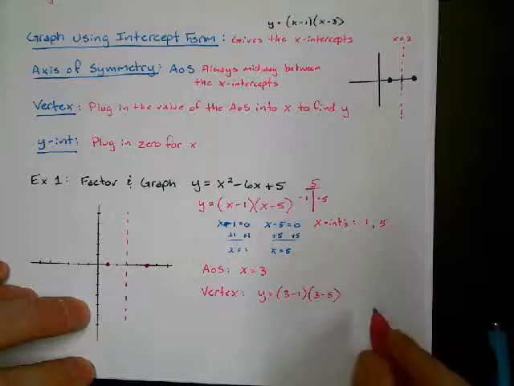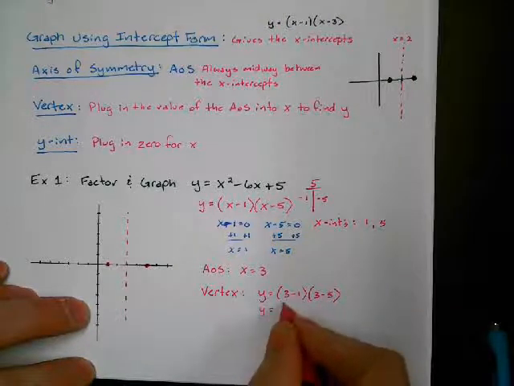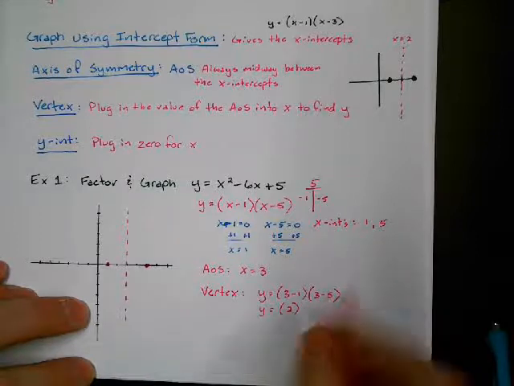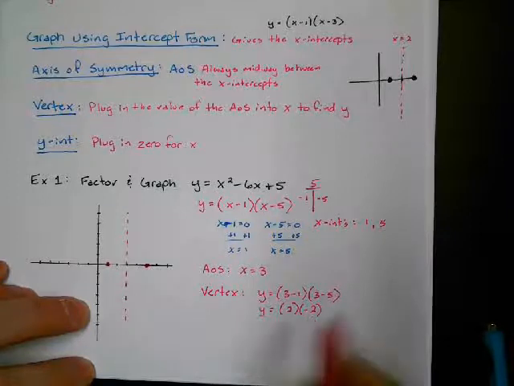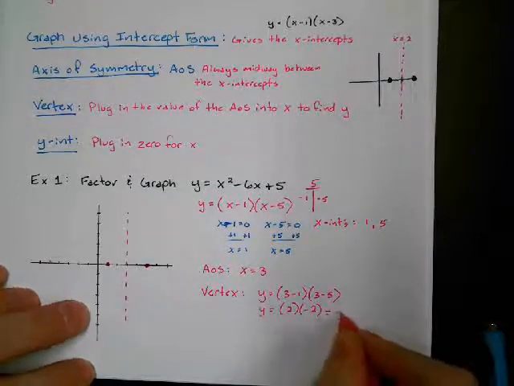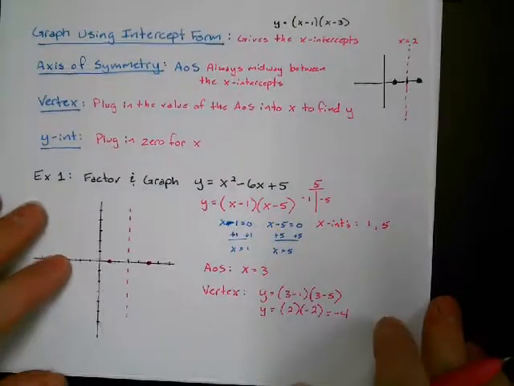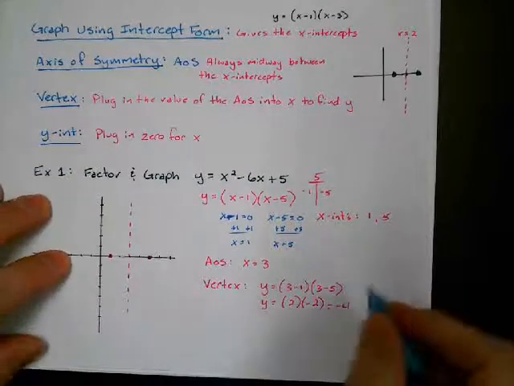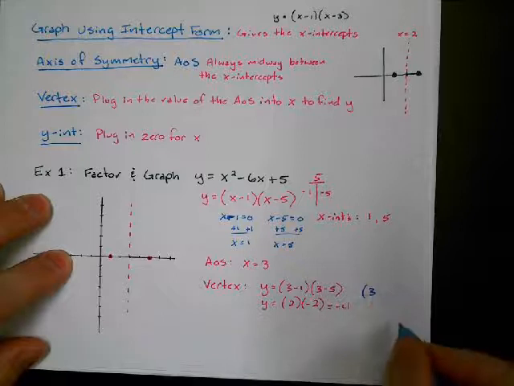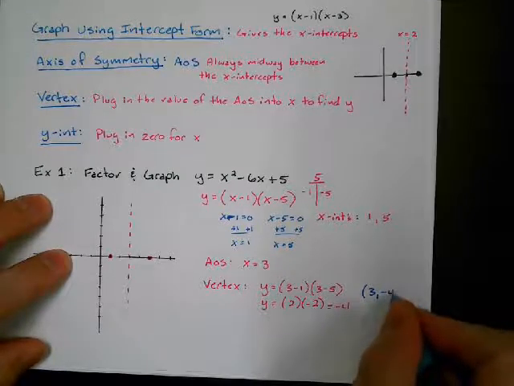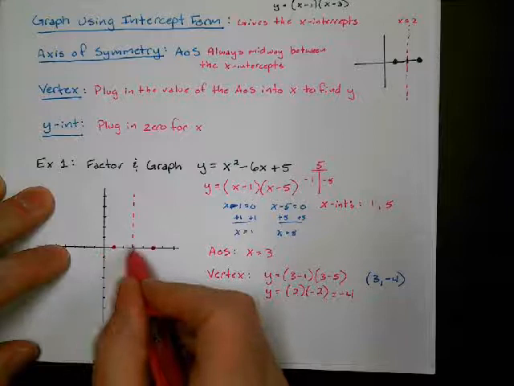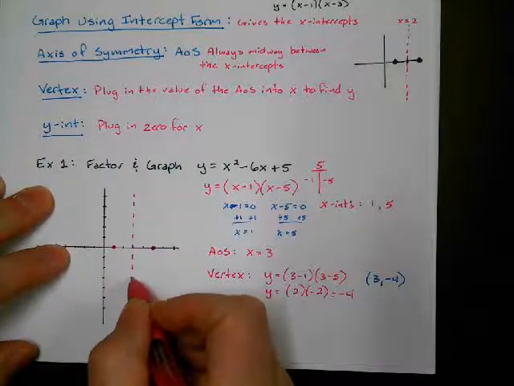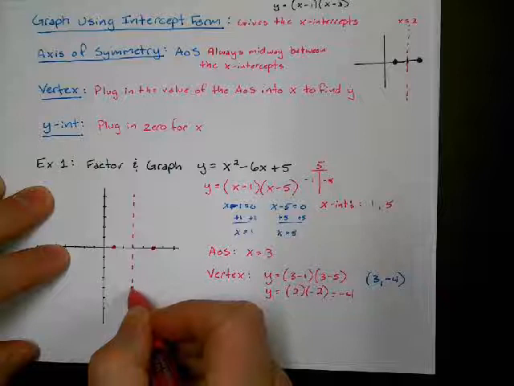This, of course, is going to give me 2 and negative 2. 2 times negative 2 is negative 4. Oops, my bad. So my vertex, I plugged in 3, and my y value was negative 4. So 3, negative 4 is going to be my vertex. So 3, 1, 2, 3, and negative 1, 2, 3, 4. Okay, there's my vertex.